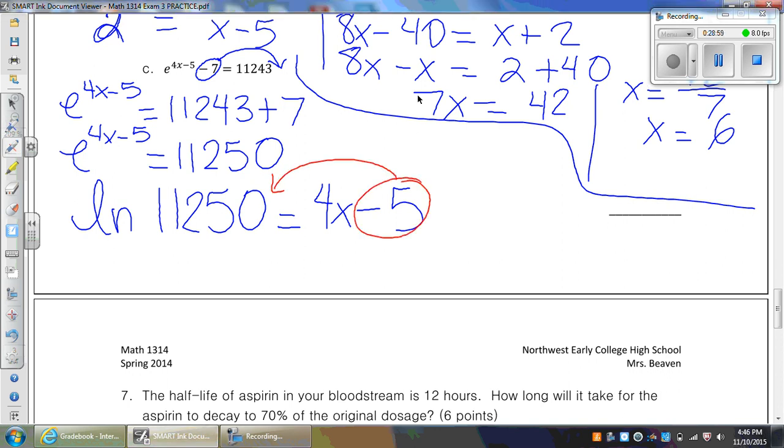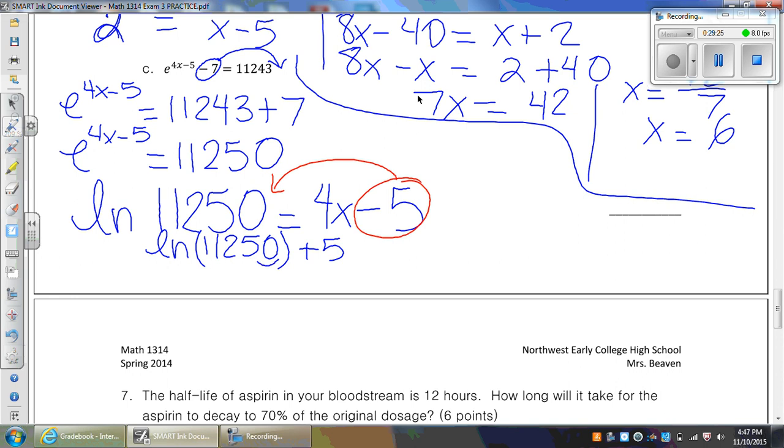You move it to the left, it's going to be adding. So we'll have ln of 11,250 plus 5. That number is not included with the argument of the natural log, okay? That is separated from it. So what I'm saying is, don't add 11,250 plus 5 and put it inside here.